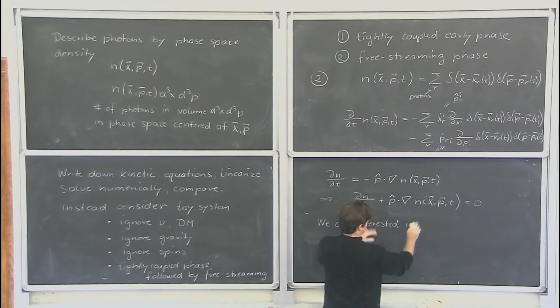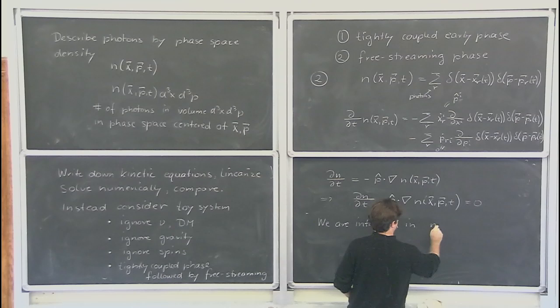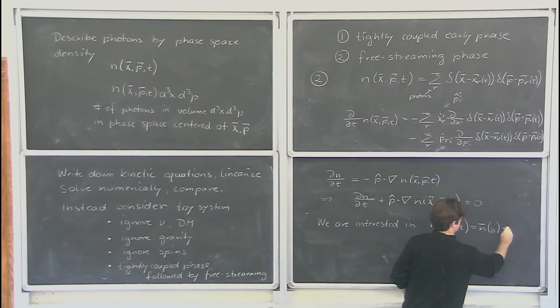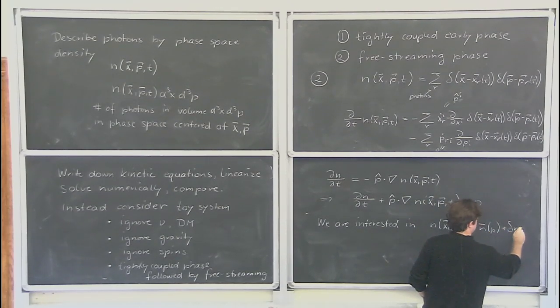This is true for a general radiation field or massless particles, but for now we're interested in a scenario where it looks like n bar of p, which is our black body function, plus delta n of x, p, and t.